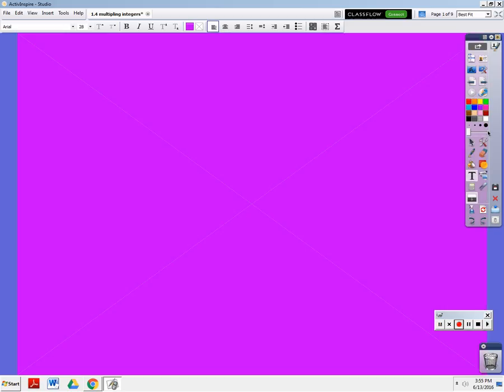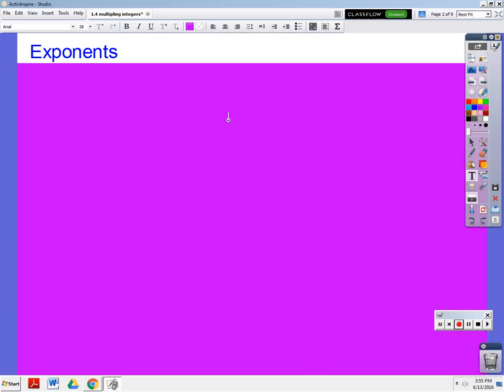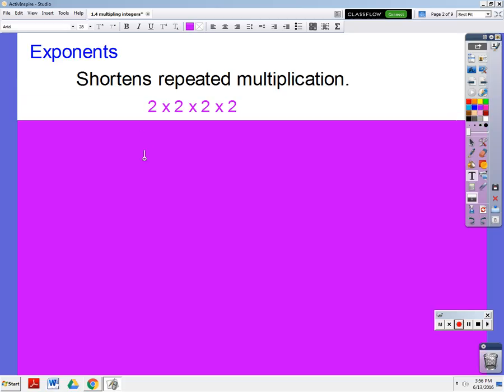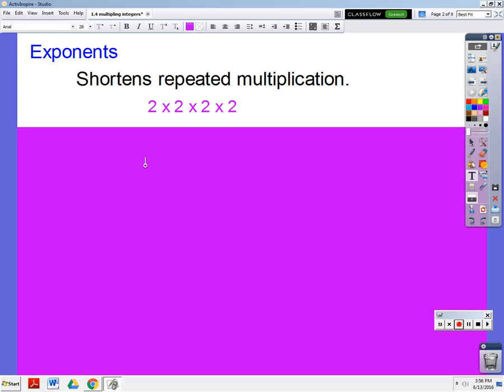We're also going to talk about exponents today. Now, if you remember, exponents is shortening repeated multiplication. So instead of writing out a problem like this, we have 2 times 2 times 2 times 2. We could say that this is the same as 2 to the 4th power.